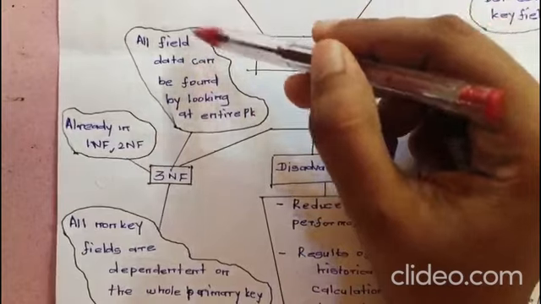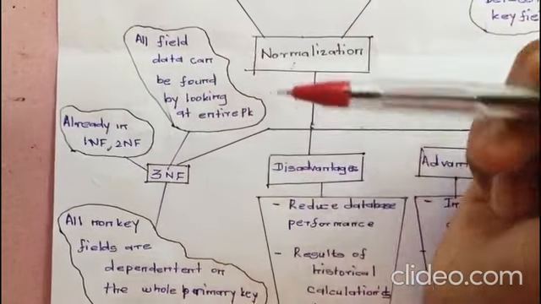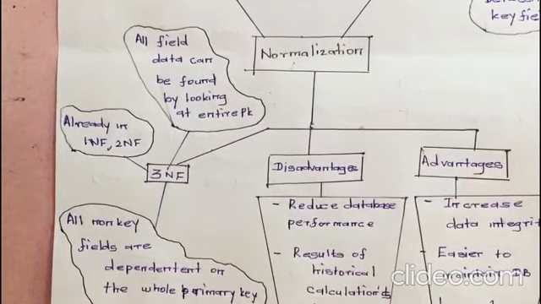And all field data can be found by looking at the entire primary key, which means that changing one non-key attribute does not change another non-key attribute in the table. Let's look at it through the example.